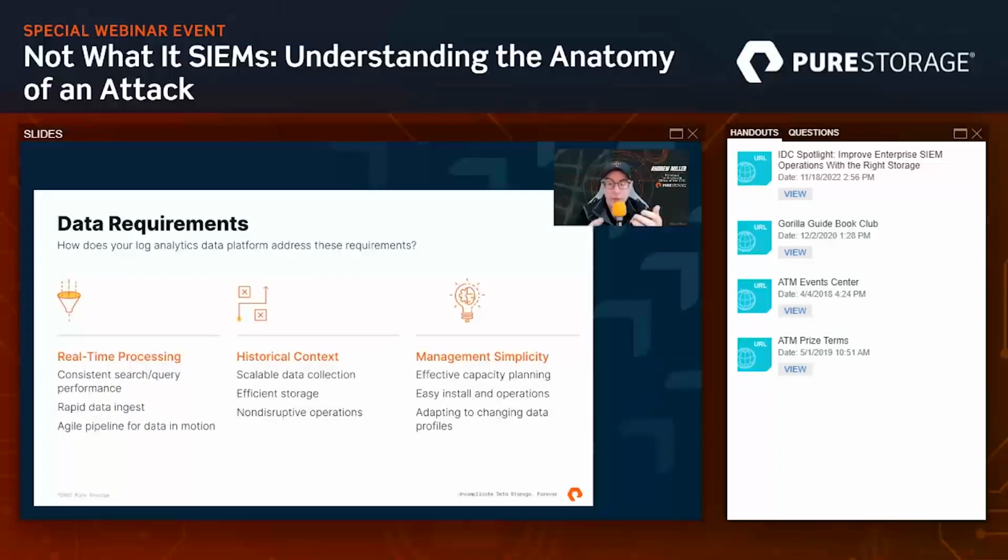In some cases, they're more multi-purpose. They can handle lots of different forms of unstructured data thanks to concurrency and parallelism and great metadata capabilities and high throughput. But fundamentally, whether you're able to look at Pure or not, these are the principles you would want to think about as you're looking at a log analytics data platform. And if you're wrestling with some of these or don't feel like you're getting the answers that you want from your systems of choice today, we can definitely help there.